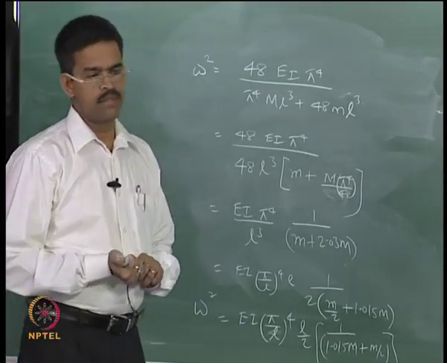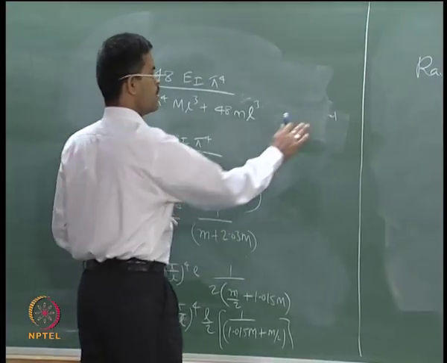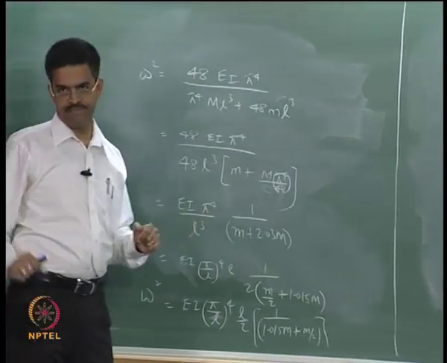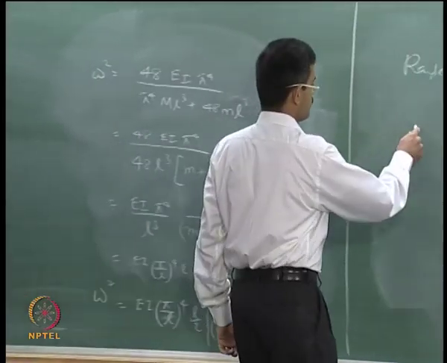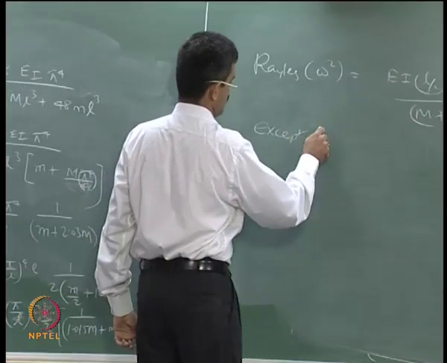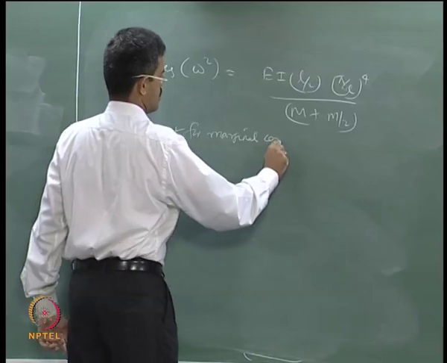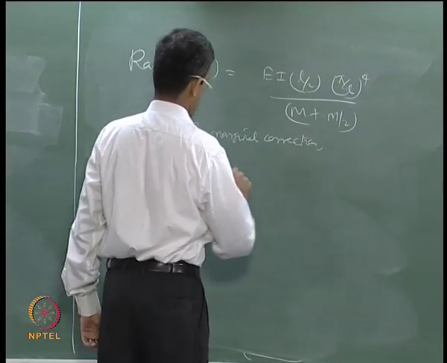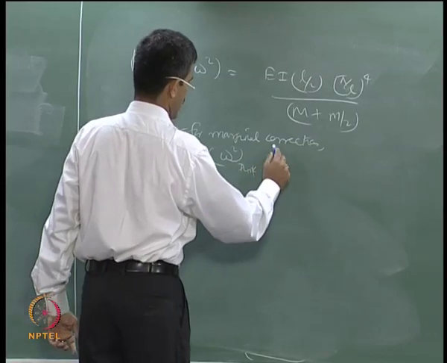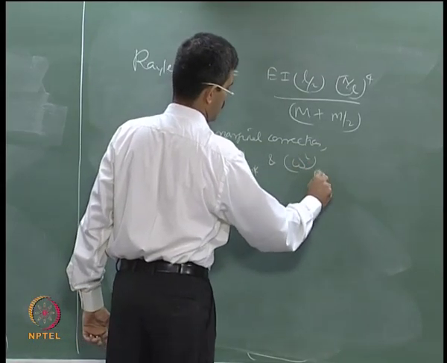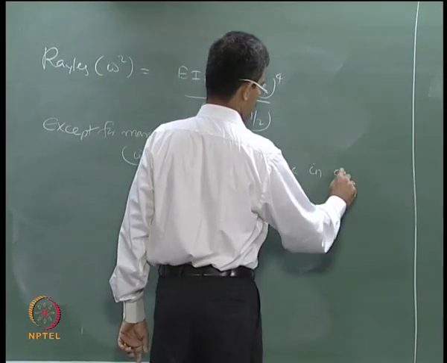Okay. So, Rayleigh's method as well as Dunkerley are closely matching even for a continuous system. So, except for marginal correction, omega square obtained from Dunkerley and omega square obtained from Rayleigh are in good agreement.